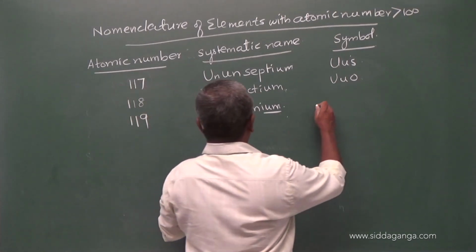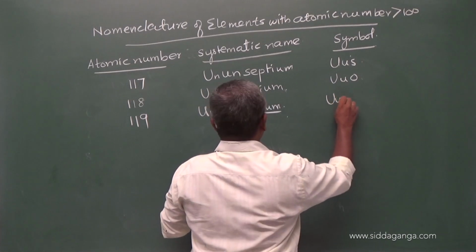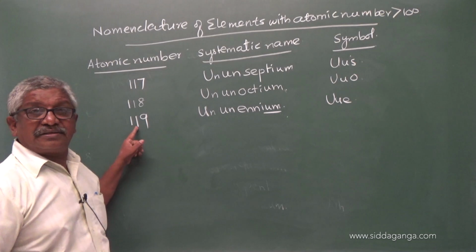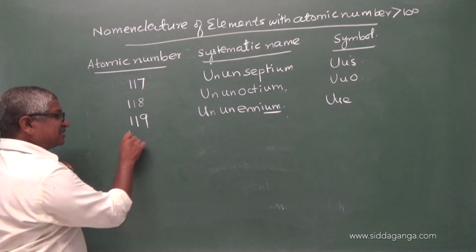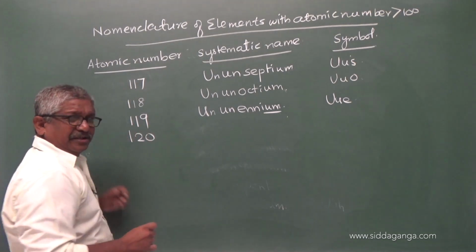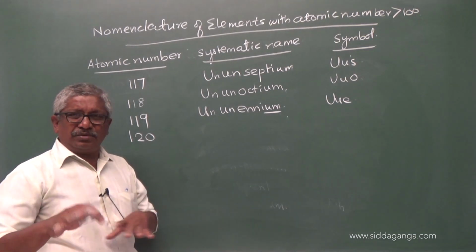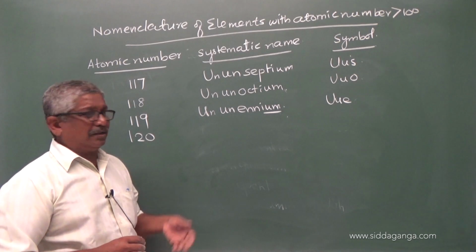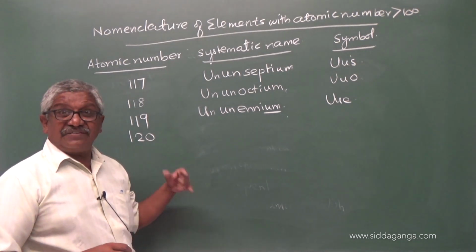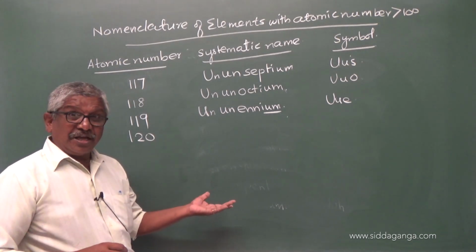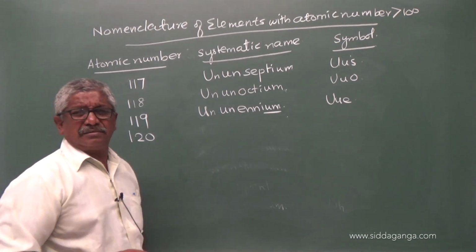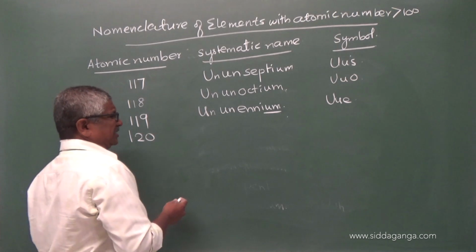It is Une. Ue is the symbol for that. The last element it is 120, but up to 114 elements we are studying in the periodic table. These are further efforts to identify the new elements in nanograms or in very minute quantity.